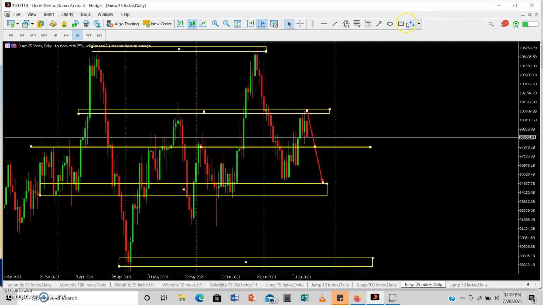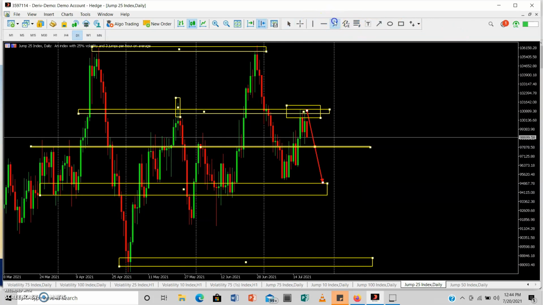But for now, I hope this analysis will be respected. Why? Because we've highlighted key important regions. Price has respected this resistance now for the second time, so therefore we expect a nice bounce.